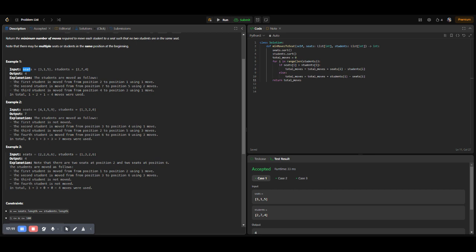How can you move the students so that the minimum number of moves is required to seat each student at the correct chair position, wherever the chair is vacant?